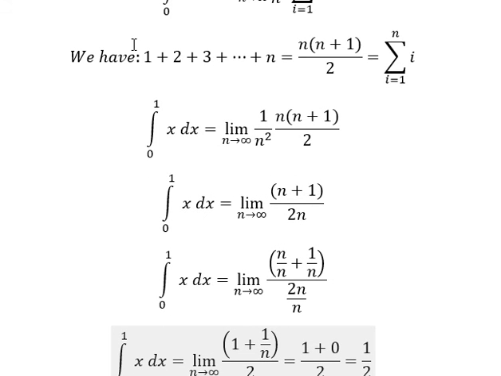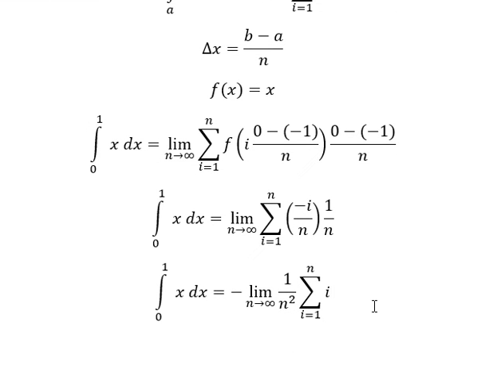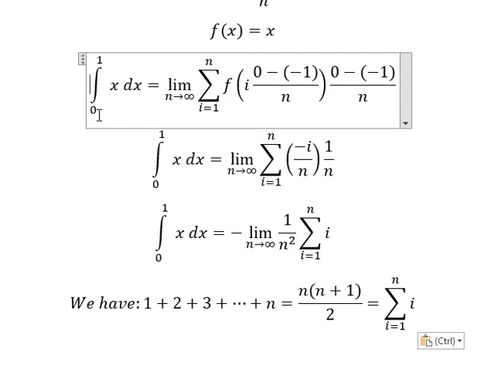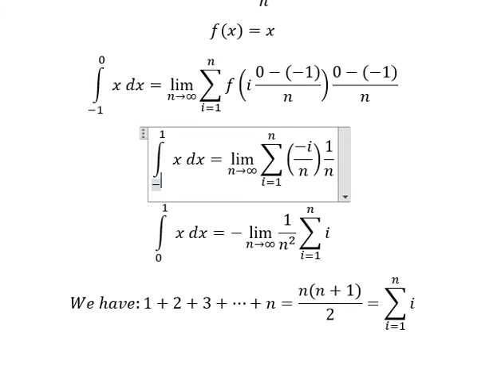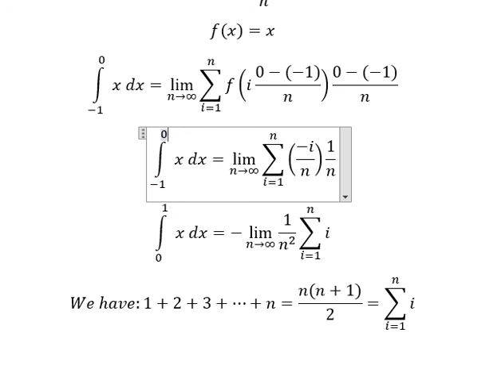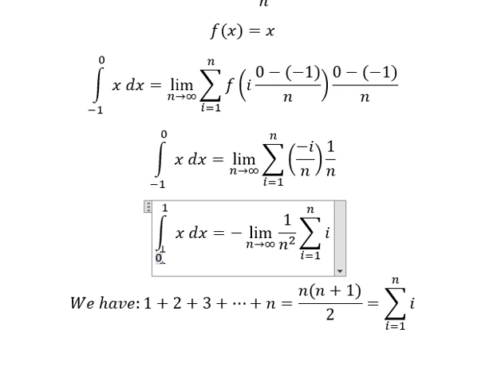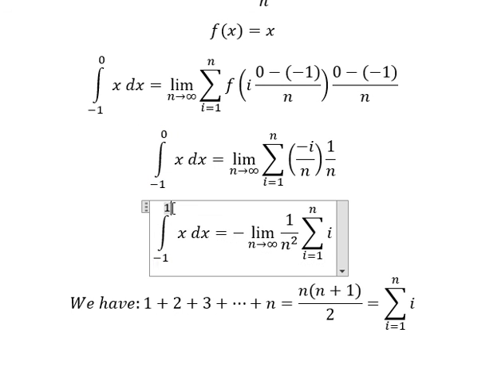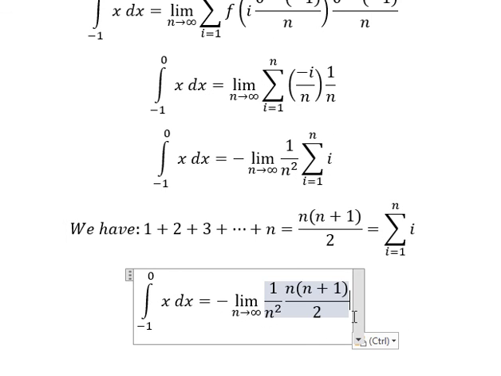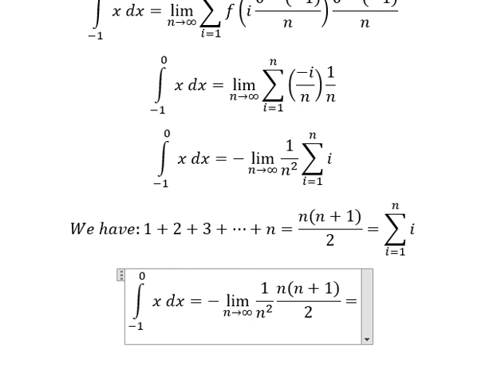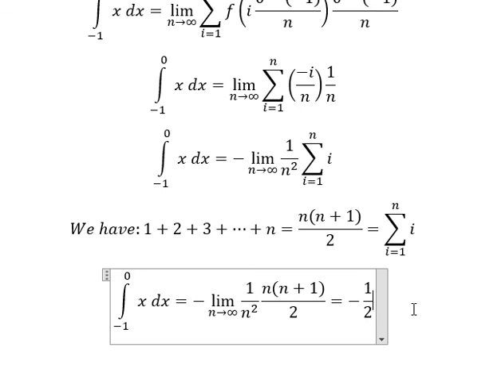And now we have the same. So if we simplify, we have negative 1 over 2.